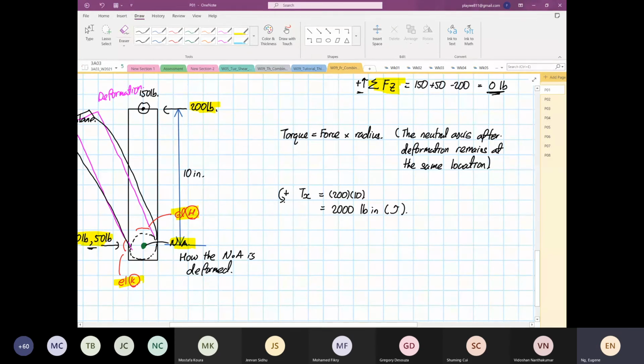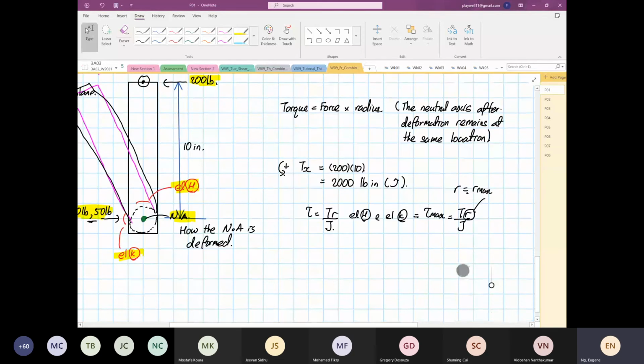Once you have this, you know that the formula you're going to apply is shear stress equal to TR over J. If we consider element H and element K, we realize that both will give us tau max, because the radius for element H and K will be R max.